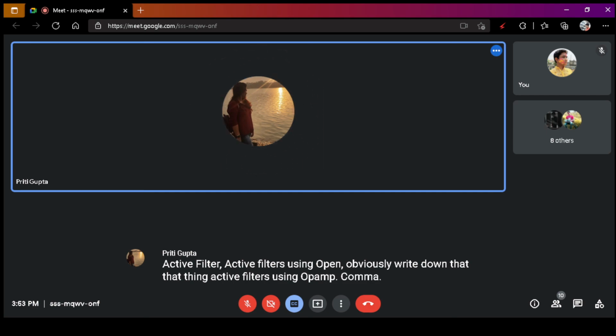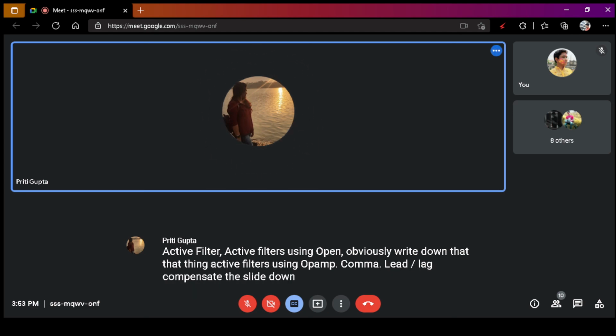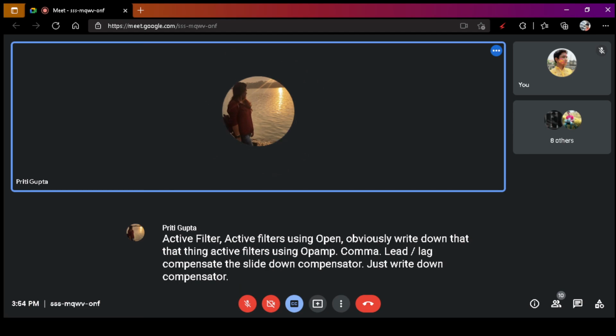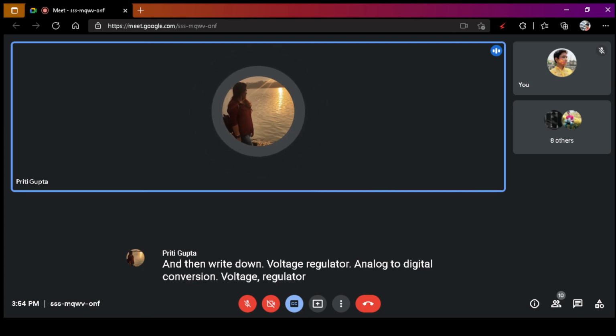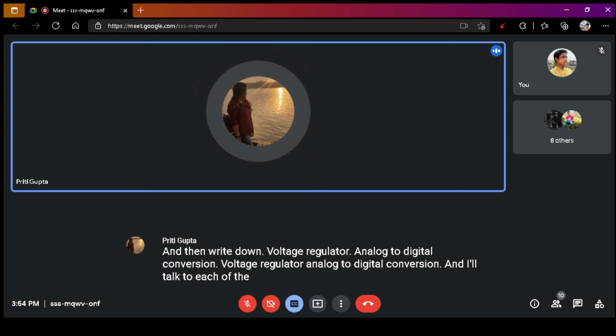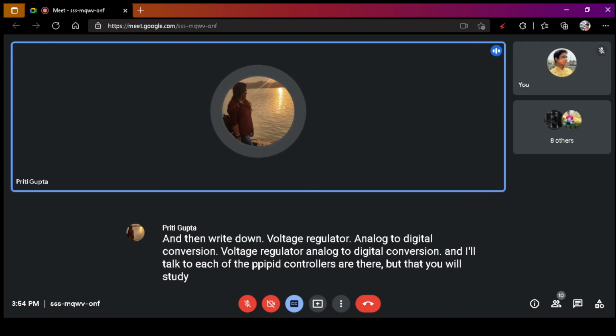Comma, lead slash lag compensator. Just write down compensator. And then write down voltage regulator, analog to digital conversion. And I'll talk to HOD sir. PI, PID controllers are there, but that you will study in control system in third year again.